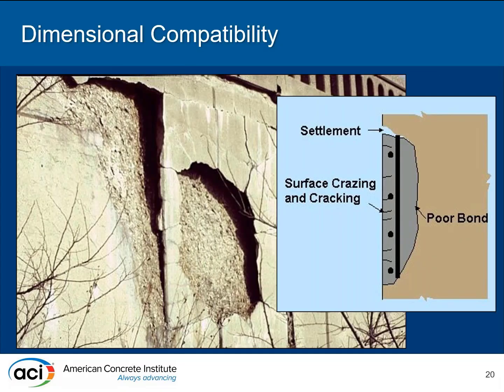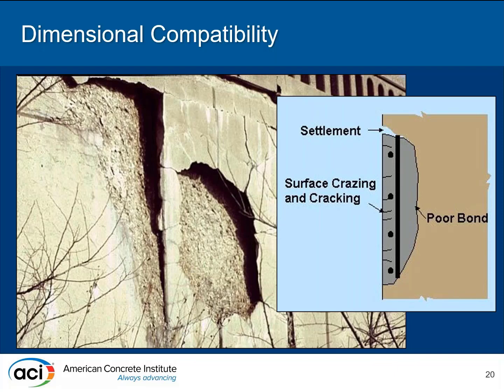And if you don't have compatibility, and particularly dimensional compatibility, this is what you can end up with. This was a repair that obviously didn't behave the way they wanted. What's happening is the base structure is not compatible and not playing well with the new repairs you have. The repair and the base have different volume change properties, and one of them is pulling away from the other.